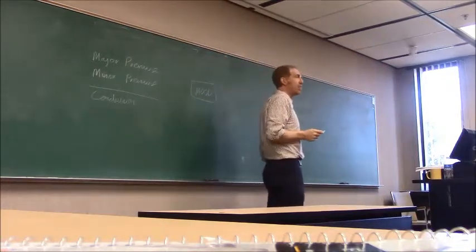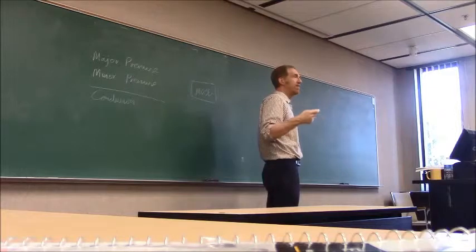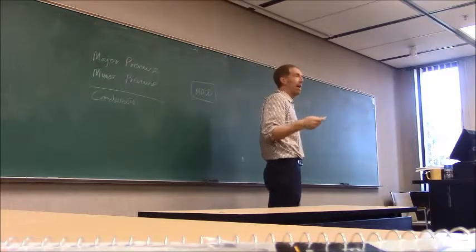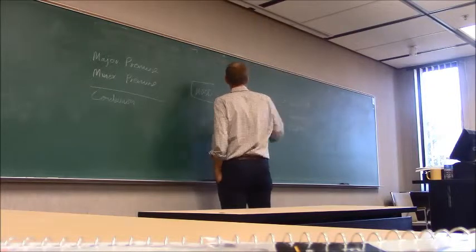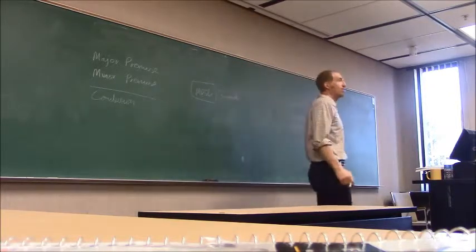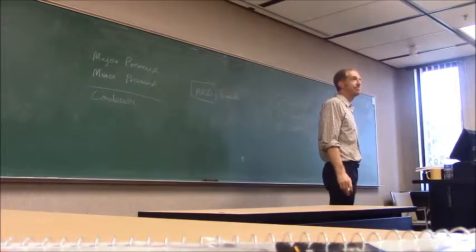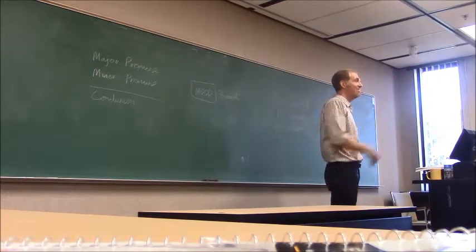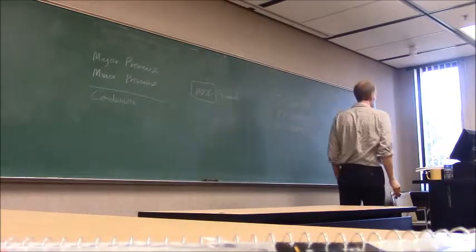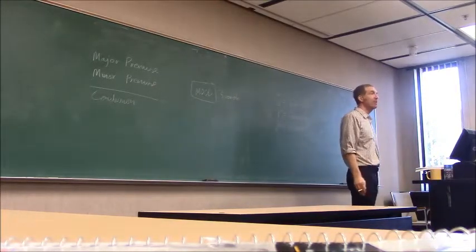Categorical propositions don't have a mood. The mood is of a categorical syllogism, and it consists of 3 vowels. What do the 3 vowels represent? The different types of what? Categorical propositions. Now the order is important.